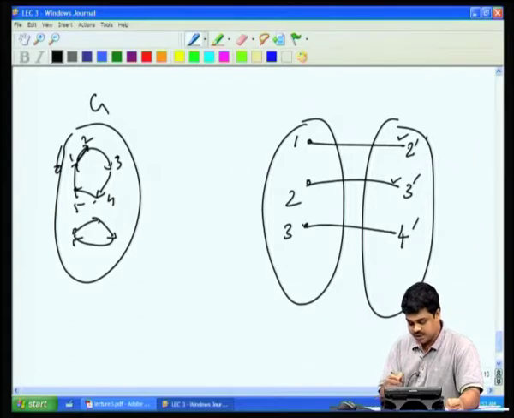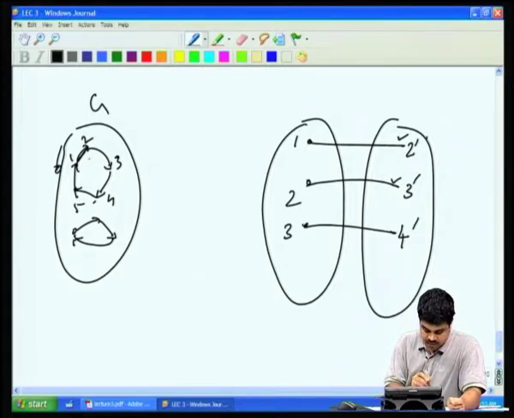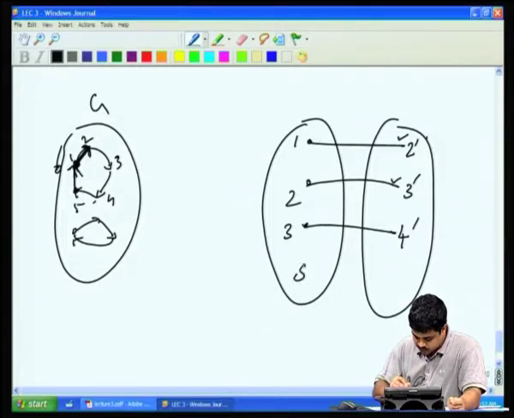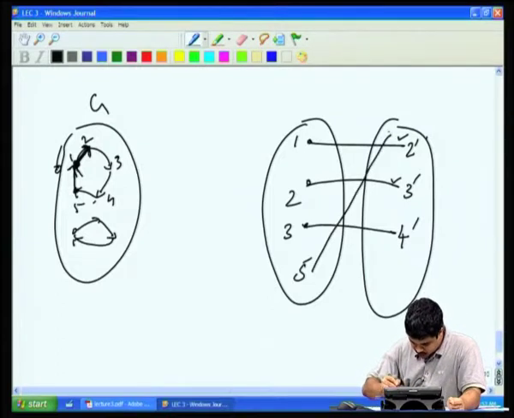So, each edge will translate to mutually disjoint, independent edges here, right, because you can see that any vertex here, say 1 on the cycle cover, has 2 edges touching it, one an outgoing edge and one an incoming edge. For instance, this 5 1 edge will come like 5 1 dash.